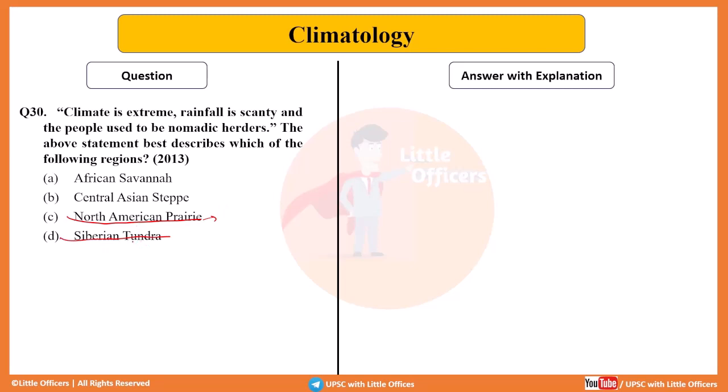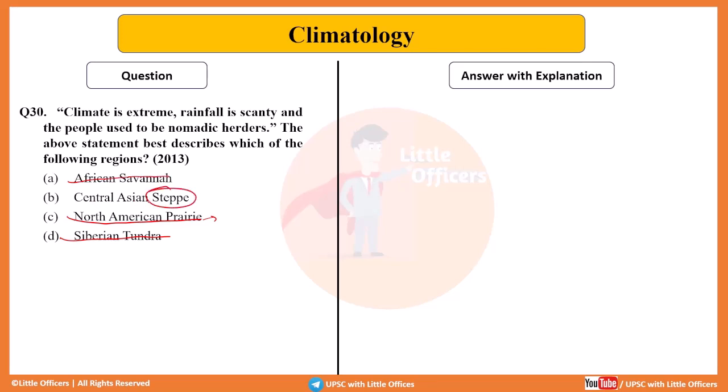nomadic herders we do not find much here, except some of them who herd reindeer in the polar locations. Then African savannas and Asian steppes are there. Since rainfall is scanty, extreme climate is being given. So savannas can be removed because of continentality.